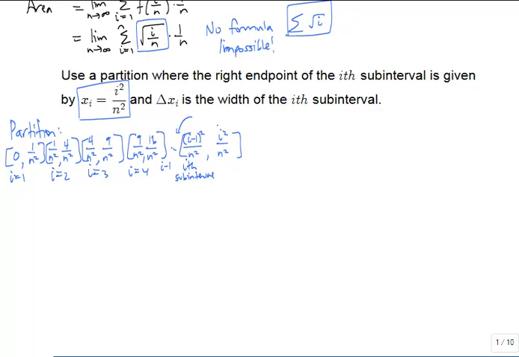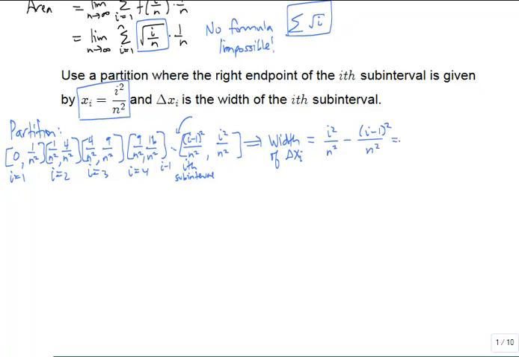So what would be the width of this delta x sub i? What would be the width of that ith subinterval? Well, its width would be whatever this distance is between these two points. So if I subtract them, I'm going to take the right endpoint minus the left endpoint.